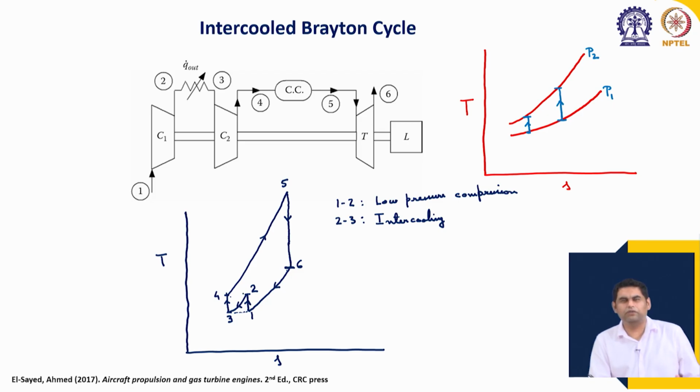By cold water I mean water which comes at ambient conditions, because there is no point in using some work to reduce the temperature of water further, as that will anyway not lead to a net work increase. So, 2 to 3 is the intercooling.